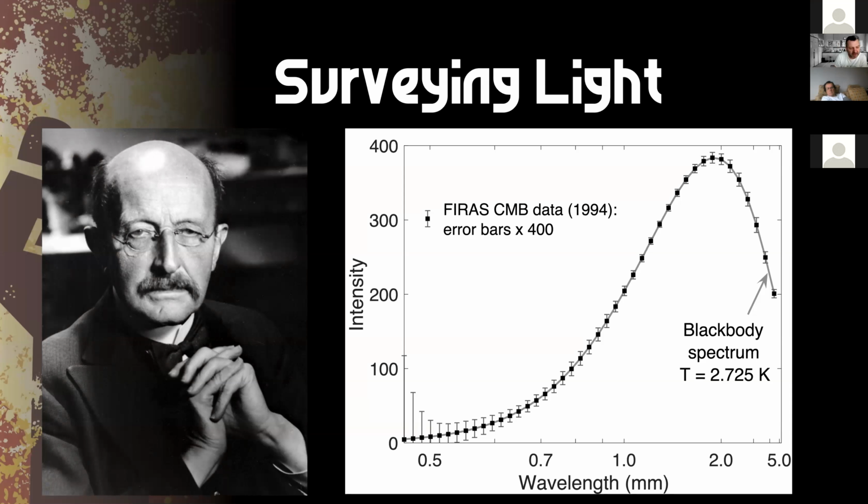And what Max Planck wondered about was, if I have a scenario where matter and radiation are perfectly coupled together, i.e., I get energy flow from matter into radiation, radiation to matter, and they absolutely balance, what does the spectrum of light look like in that particular scenario?